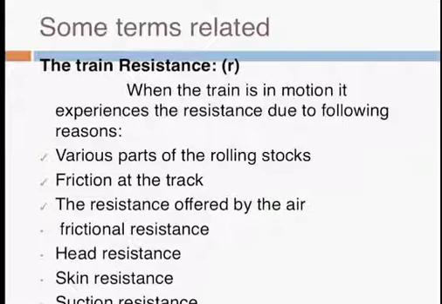Secondly, ટ્રેનનું જે ટ્રેક સાથેનું ઘર્ષણ છે એ friction at the track. અને ત્રીજું, the resistance offered by the air. એરના લીધે જે અવરોધ આપણને મળે છે એ. That is further divided into 3 main resistances: frictional resistance, head resistance, skin resistance and suction resistance. So these are the terms which are related to the train resistance.